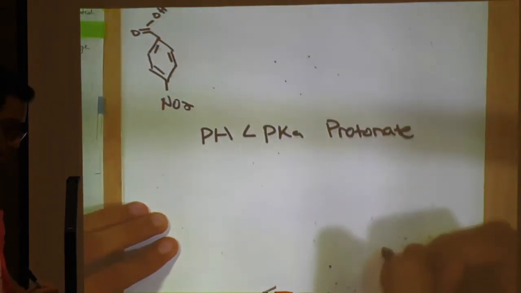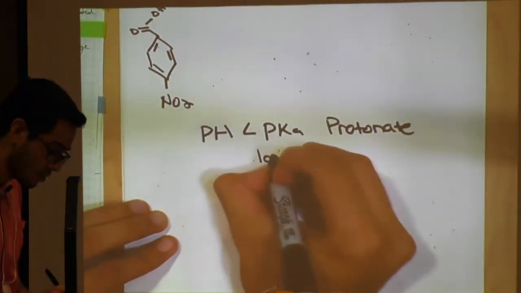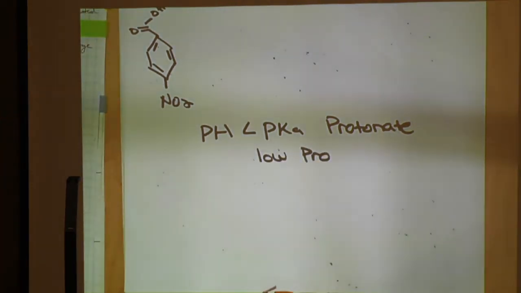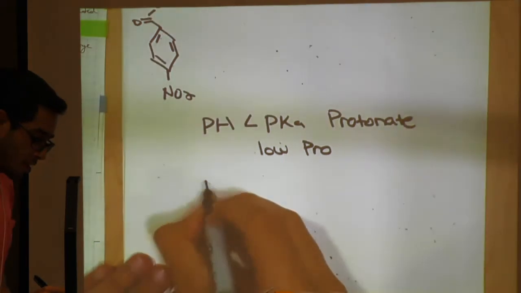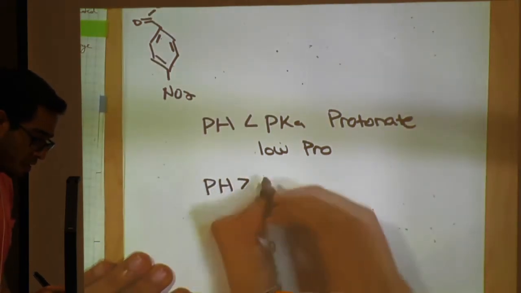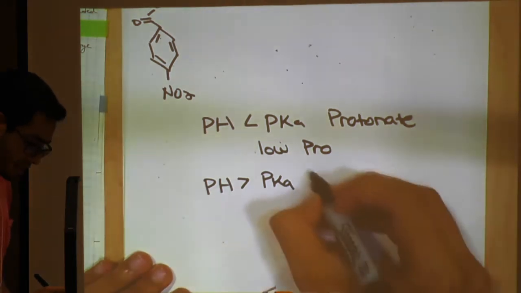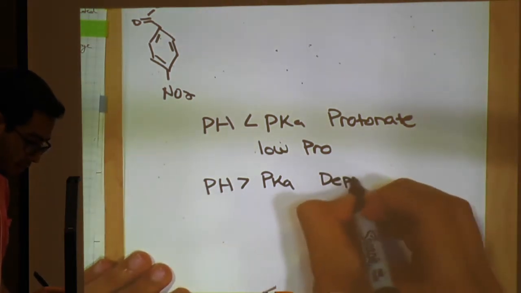So a good way of remembering that is low pro, right? pH is lower than pKa, protonate. If it's the other way, pH is greater than pKa, you're going to deprotonate.